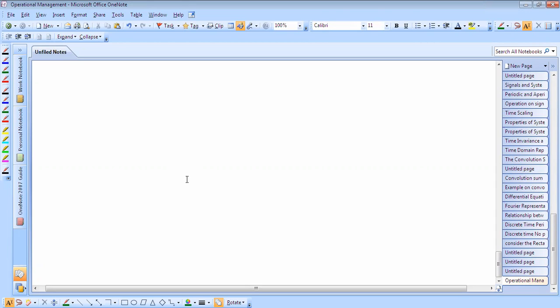So the costs are influenced by a number of factors, as we have discussed just now.